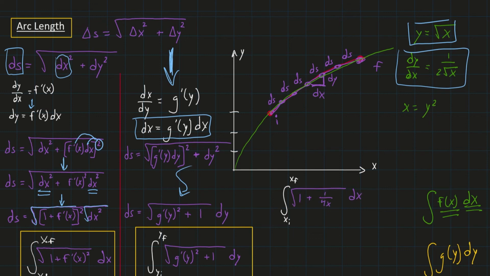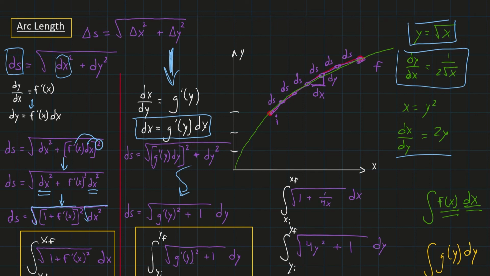Going with my dy form of the integral, I would need to calculate the derivative of this curve in terms of y. Well, that's no problem. It's even easier than last time. dx over dy is equal to 2y. Okay, so we would take this and throw it into our derivative with respect to y. And we would get this. And of course that squared would turn that 2y into 4y squared.